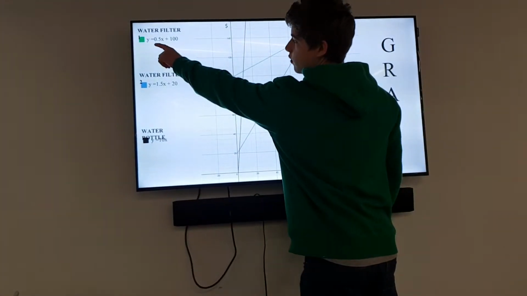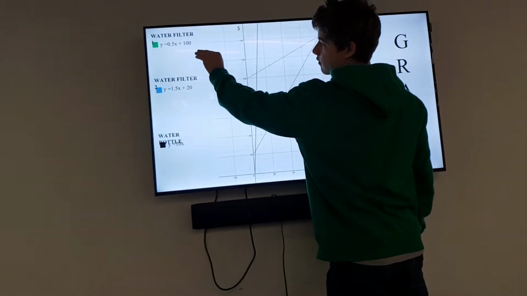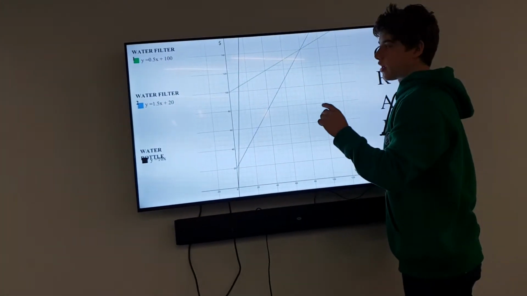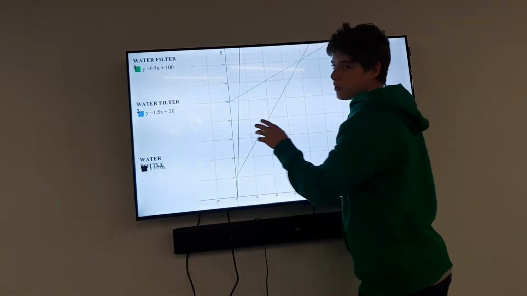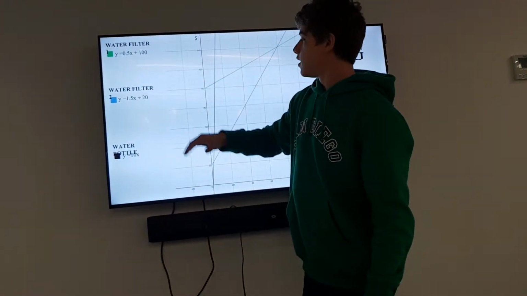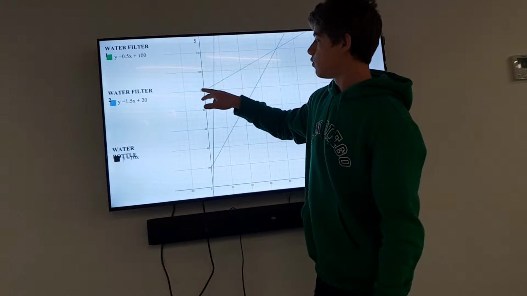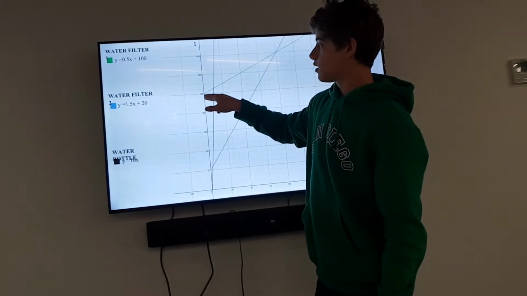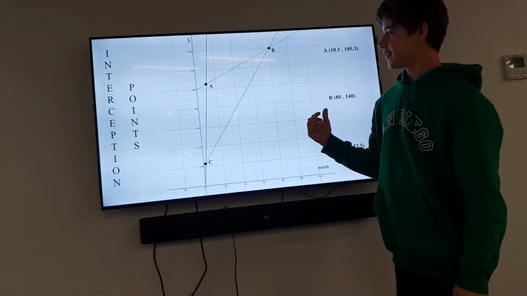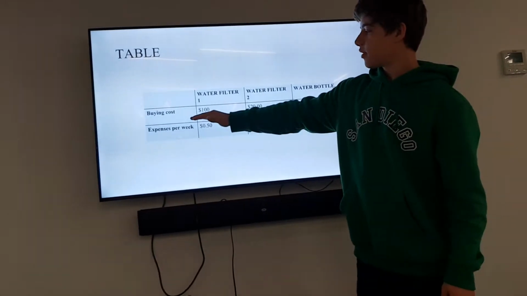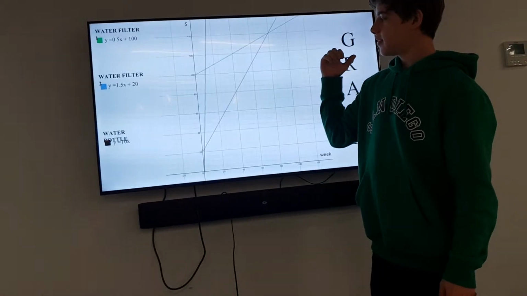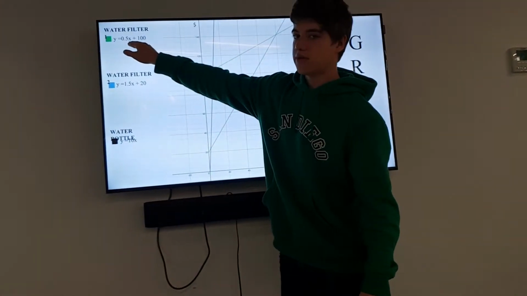As you can see here, we have the equation for each line. 0.5 represents my gradient, which is how much I need to spend per week for this filter, and $100 is my starting price. You can see where the line will start. So for water filter 1, the starting price is $100 and the cost per week is 0.5, which is my gradient.